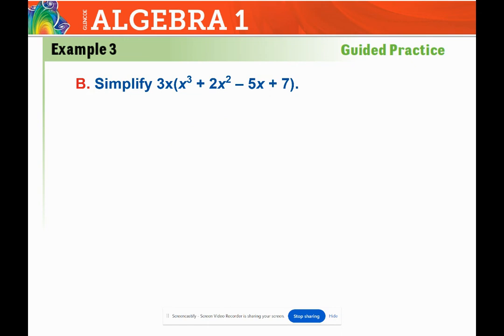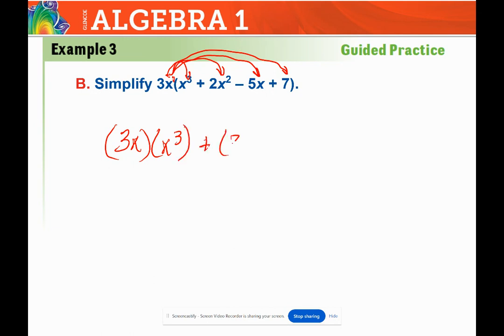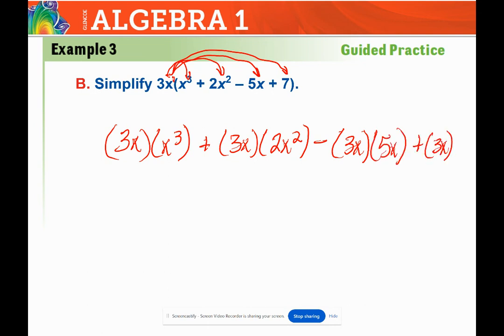In this one, we're distributing out my 3x to each one. So again, I'm going to add my powers. So I'm doing 3x times x cubed plus 3x times 2x squared minus 3x times 5x plus 3x times 7.